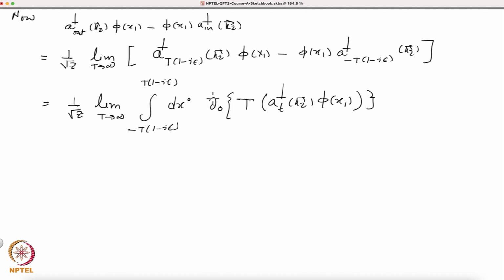When this integral is done, you put the limit, and it will automatically place the operators to the right or left depending on which one is at a later time and which one is at an earlier time. So this equality holds. This is an expression which is the same as the above equation.